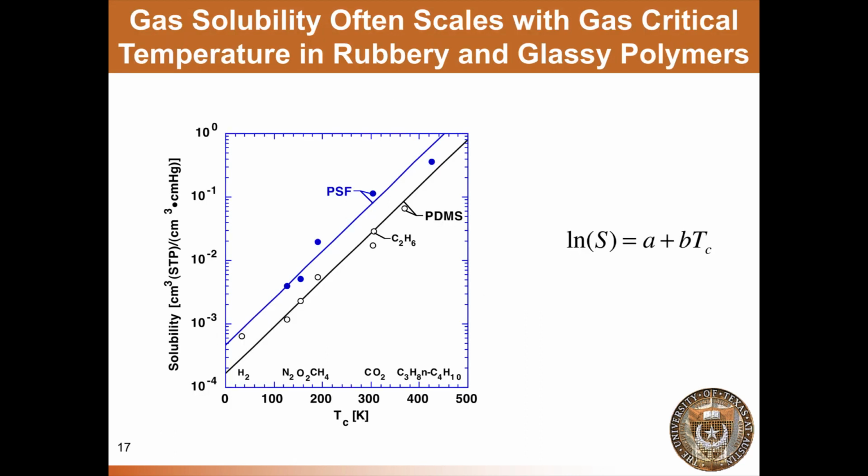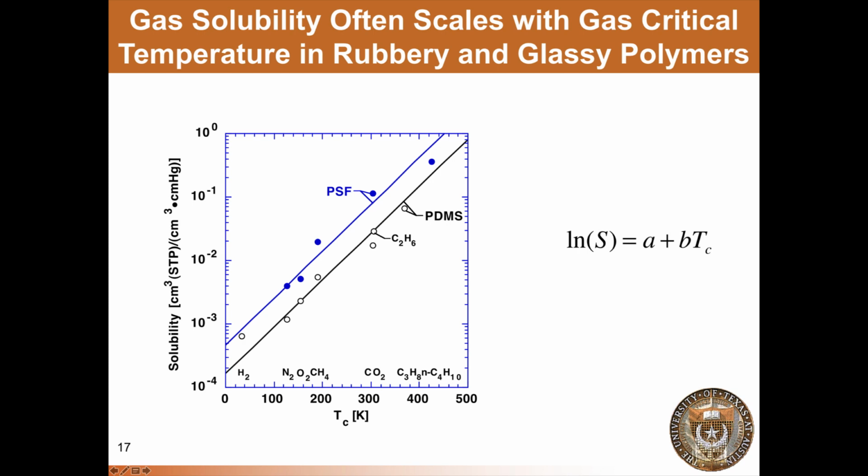And so this is a slide I think I might have shown you earlier. It's a slide showing data for gas solubility in silicone rubber, PDMS, and also in bisphenol A polysulfone. And you can see that the polysulfone has higher solubility than the PDMS, but that largely the solubility of the gas molecules lie in a very orderly fashion on these lines with critical temperature.